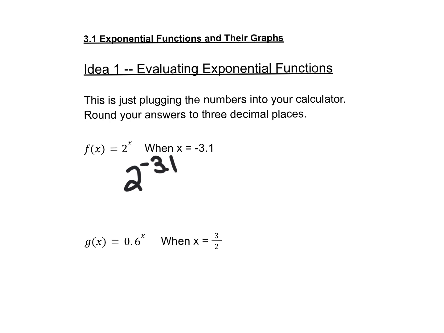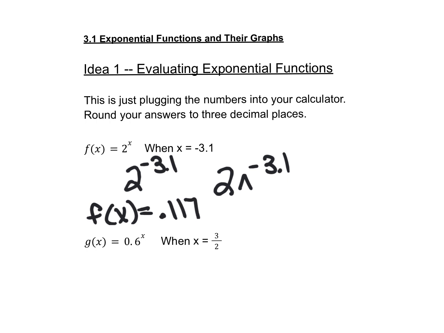And just a reminder on how to do that on your calculator. You have 2, you do the little caret button, and then negative 3.1. If you hit enter, you should get 0.117. So f of x, when we put in negative 3.1, is going to be 0.117. And notice in the directions it asks you to round your answer to 3 decimal places.